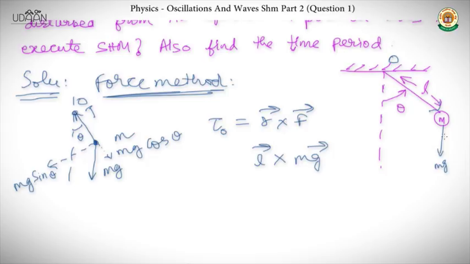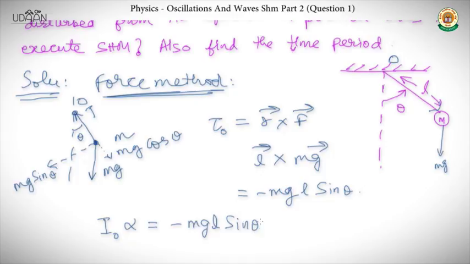You use the right hand rule and get the cross product. Into the plane of the paper is the clockwise direction, so we get it as minus mgL sin theta. But torque about O can be written as the moment of inertia of the mass about O into alpha, the angular acceleration, which is equal to minus mgL sin theta. Now this is the equation of motion for the simple pendulum.